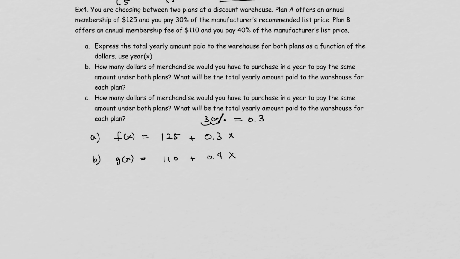Because it was 40%, and 40% is equal to 0.4, because you're dividing by 100, two zeros. Now C, they wanted to compare, right? So when you're comparing, you're going to set them equal and see what's the better option.